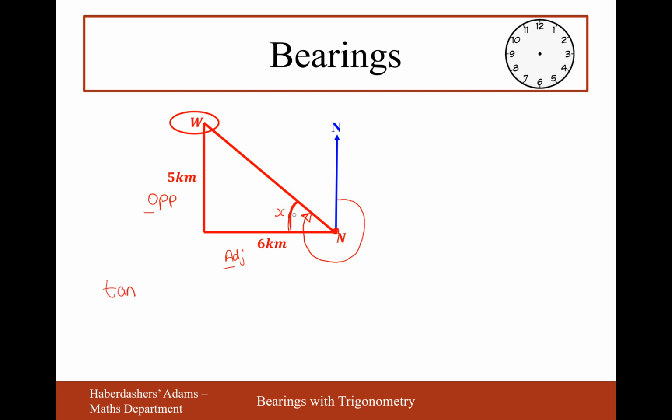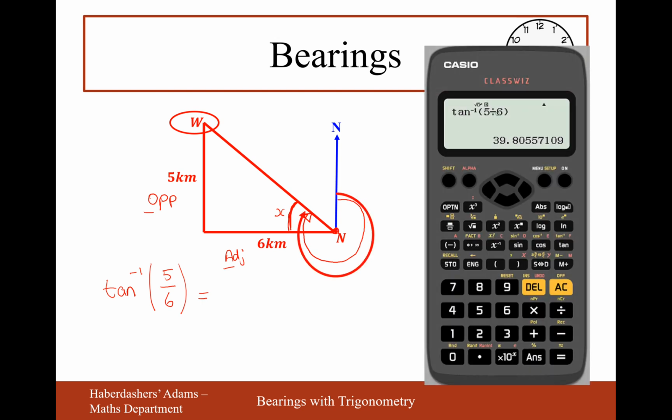We want to find an angle that's tan inverse of opposite divided by adjacent, 5/6. So in the calculator it's going to be tan inverse 5/6, and we get 39.8 degrees. So that's angle x in here, but that's not the full answer for this bearing.